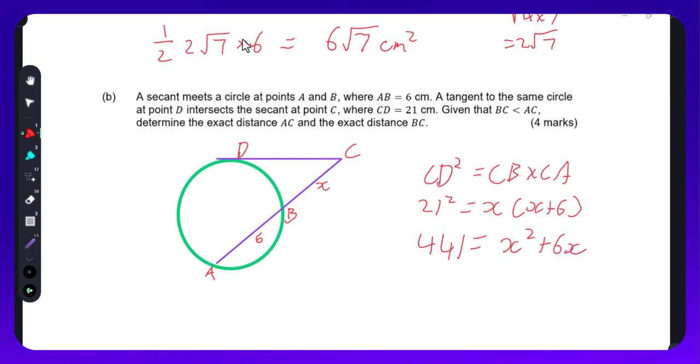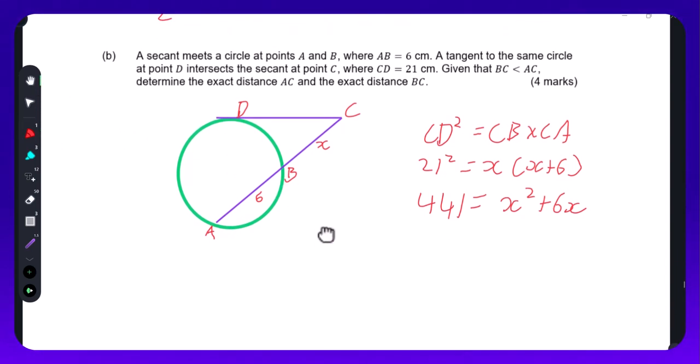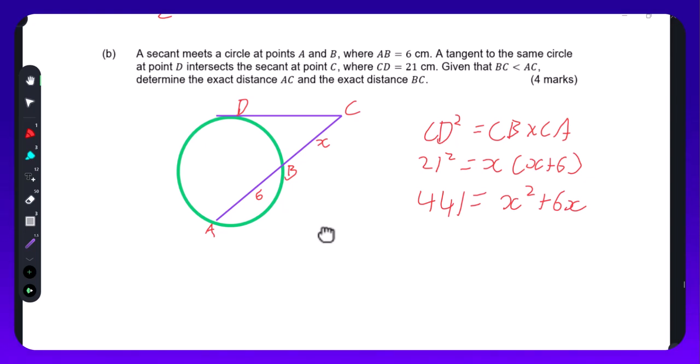And then you can solve for that one. You end up using the quadratic formula, I guess. So you end up getting x squared plus 6x minus 441 equals 0. I'll just do my quadratic working out.